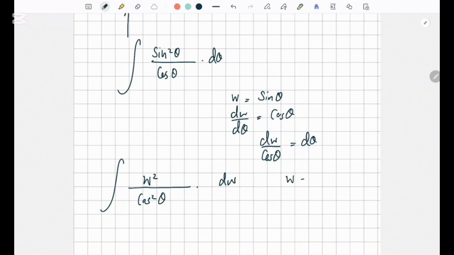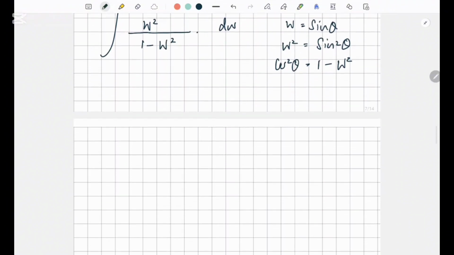If w equals sine theta, w squared equals sine squared theta, and you know sine squared theta plus cos squared theta equals 1. So cos squared theta equals 1 minus sine squared theta, which is 1 minus w squared.